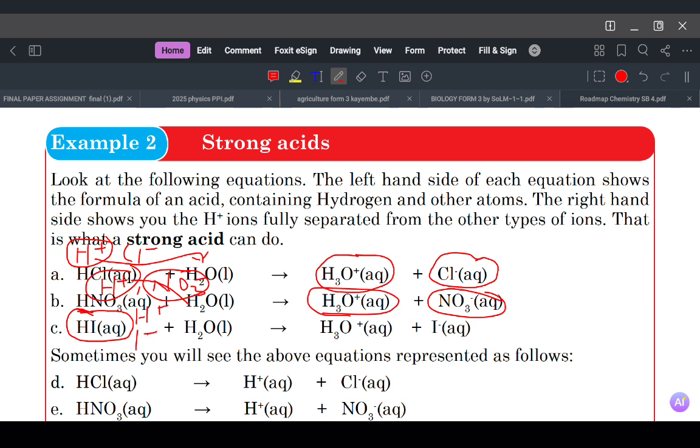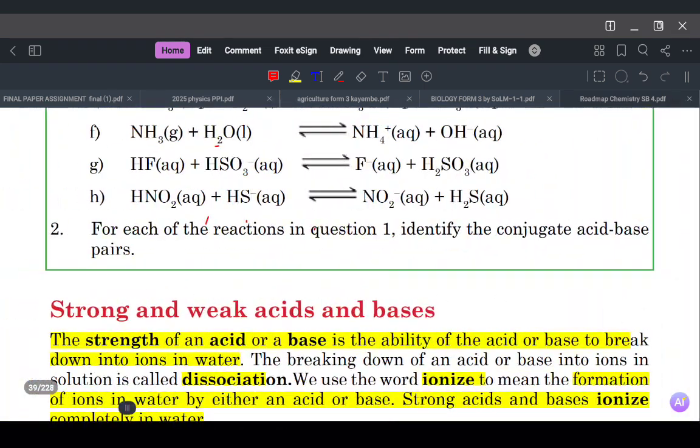So what's going to happen when mixed with water? The hydrogen ion will be gained by water to form a hydronium ion, and the iodide ion will be separated. So these are examples of strong acids. Strong acids completely ionize in solution.